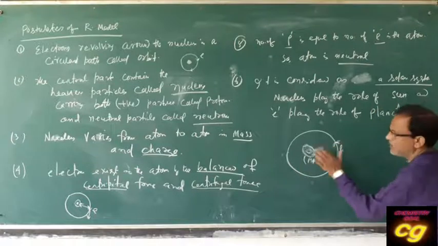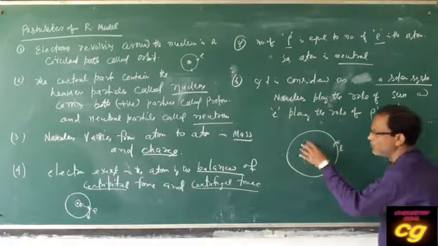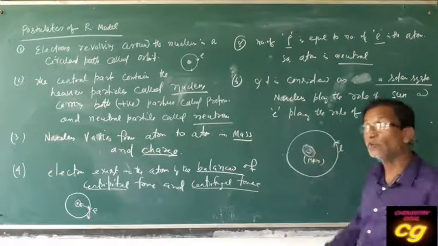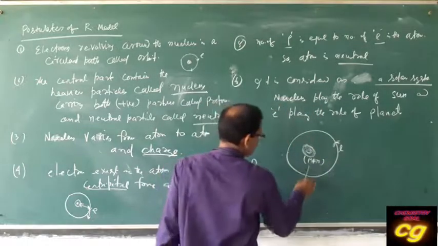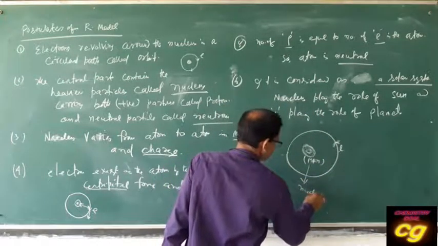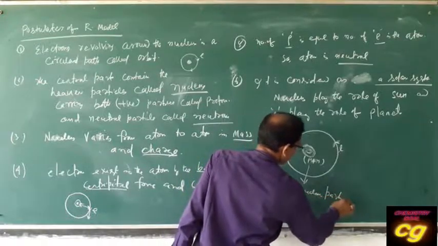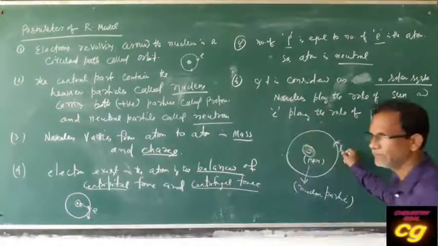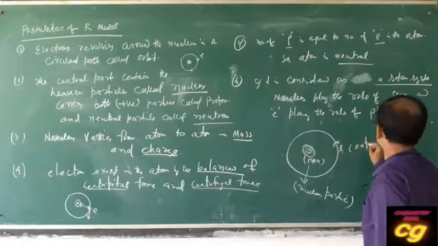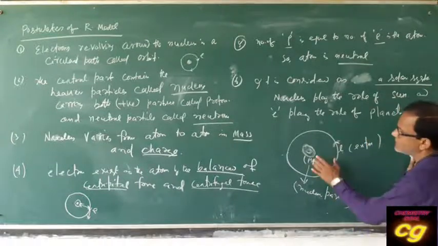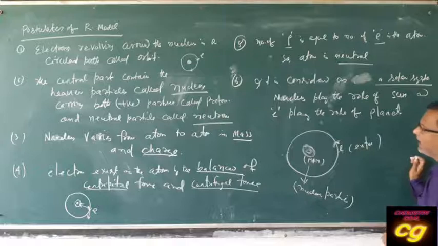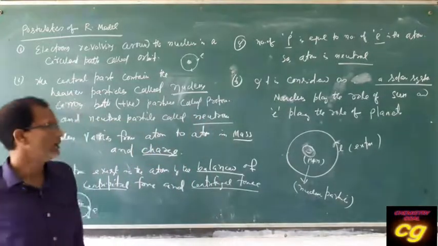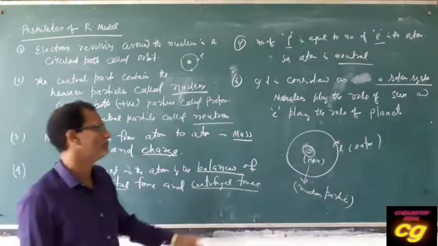Electrons are outside the nucleus, and inside the nucleus proton and neutron both remain. These proton and neutron are called nuclear particles, and electrons are extra nuclear particles.